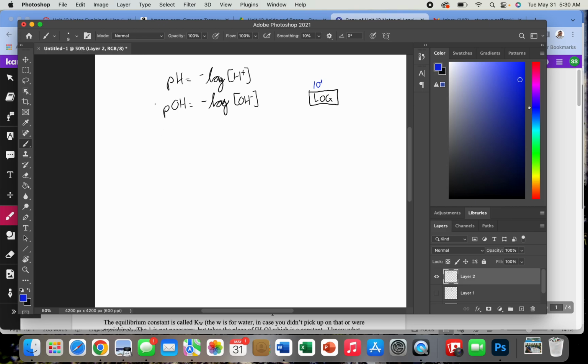So you can say that if the negative log of the H plus concentration is equal to the pH, then 10 to the negative pH simply is equal to the H plus concentration.